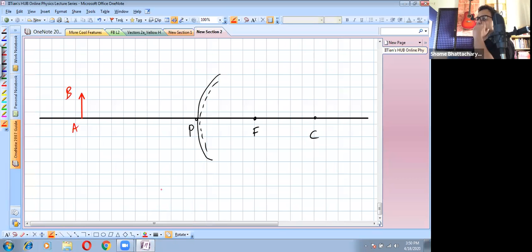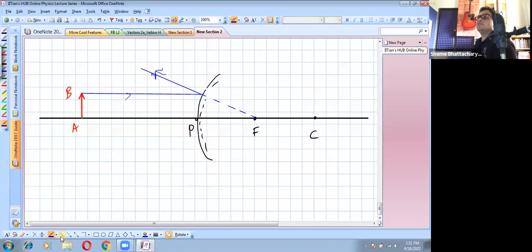And let's try to do the image construction using the guidelines that we've just learned. Okay, so let me draw the most standard one, which is parallel to the principal axis this way. So it is incident here. After reflection, it will appear to diverge such that produced back it meets the focal point. So this is my first step.